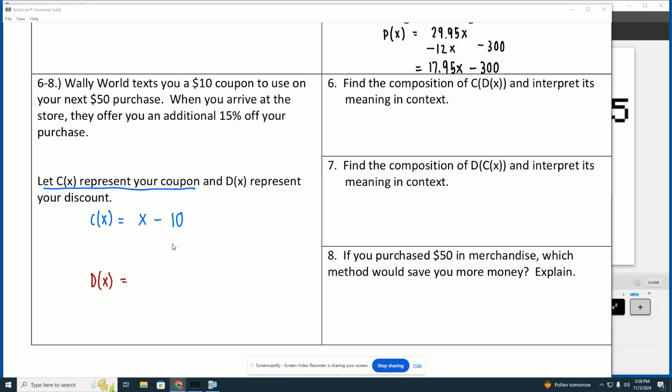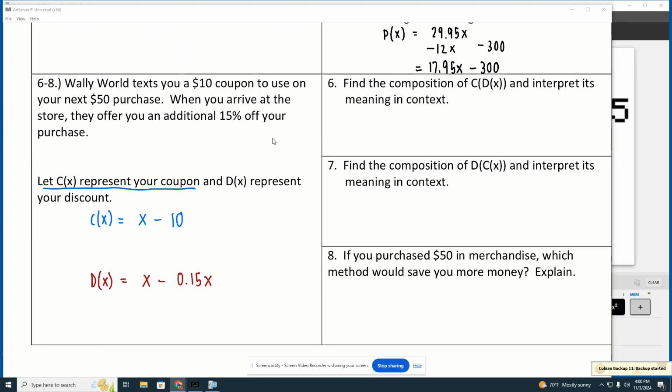That's how you deal with your coupon discount, which is just like the homework that we did. But when we deal with the discount, it's a little bit different. You see, instead of paying 100% of X, it's saying that I'm going to get 15% off. So that means I'm going to take the full cost of X and I'm going to subtract 15% of X off of that.